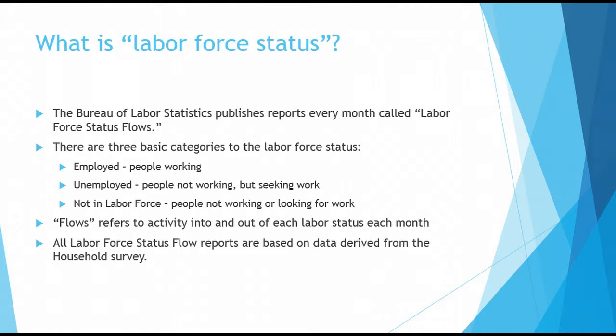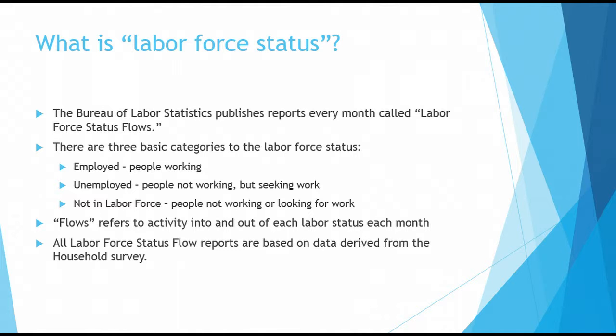There's, of course, employed, people working, as defined by the BLS, what working means. It's very minimal. Could be, I think, just an hour a month, and that's considered employed. Then there's unemployed. Obviously, those are people that are not working, but the key thing here is they're seeking work. You're only considered unemployed if you're not working and you're seeking work.